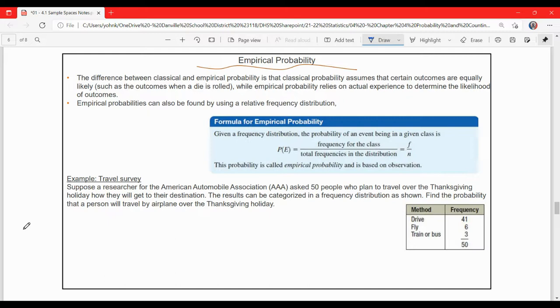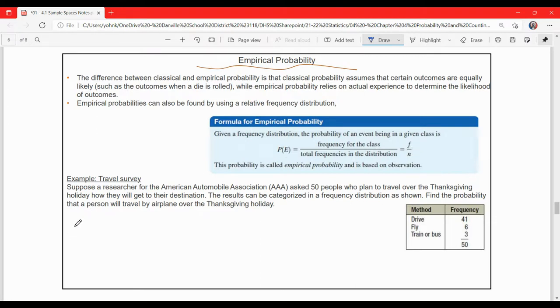So someone has actually performed an experiment and has gotten some data. We can find that by using the same definition: take the number of ways something happens, or the frequency, and divide by the total number of ways that something could happen, which is like the total sample space.